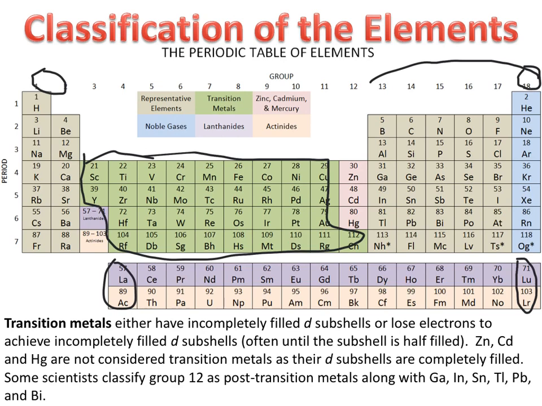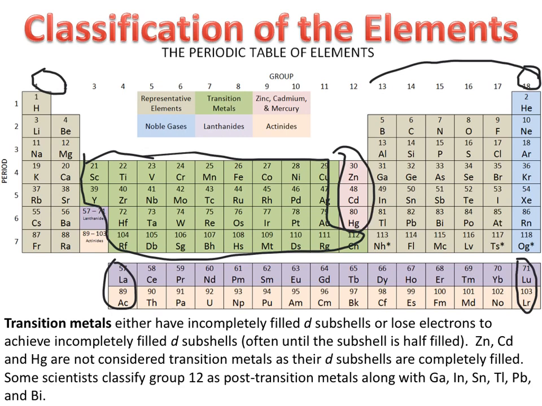And then zinc, cadmium, and mercury are unique in their electron configurations, having their d subshells full, giving them the characteristic of primarily forming +2 cations. As a result, they tend to be grouped together because their chemistry is all fairly similar.